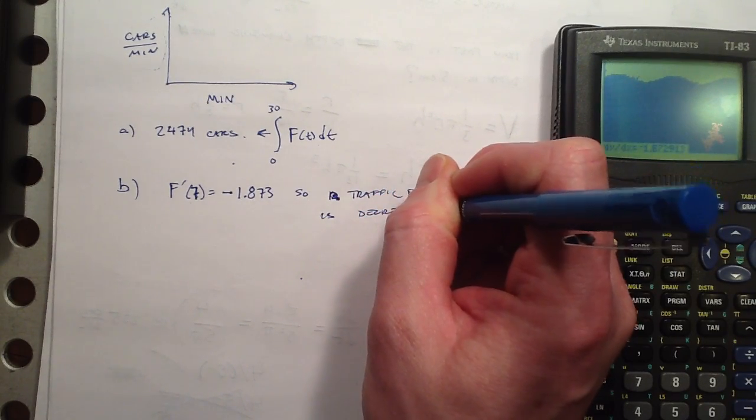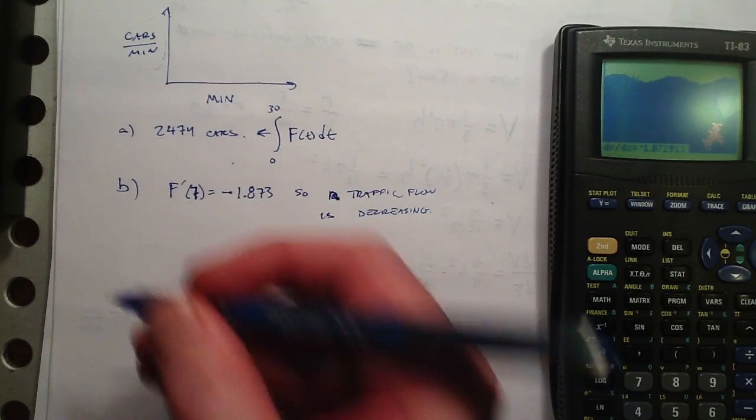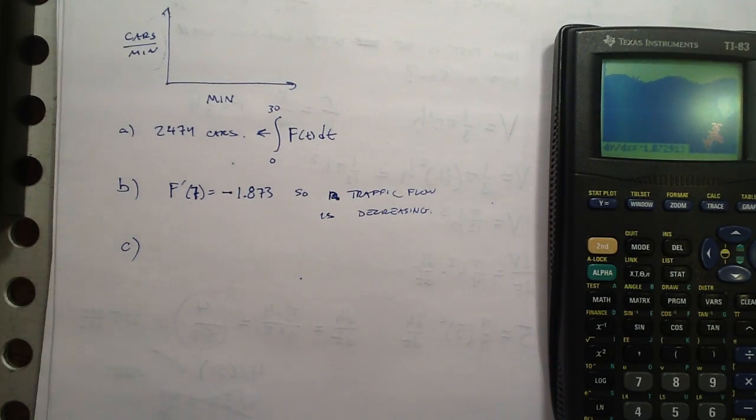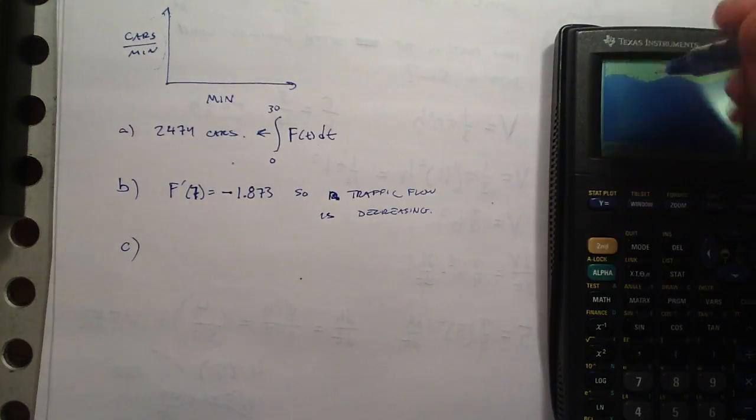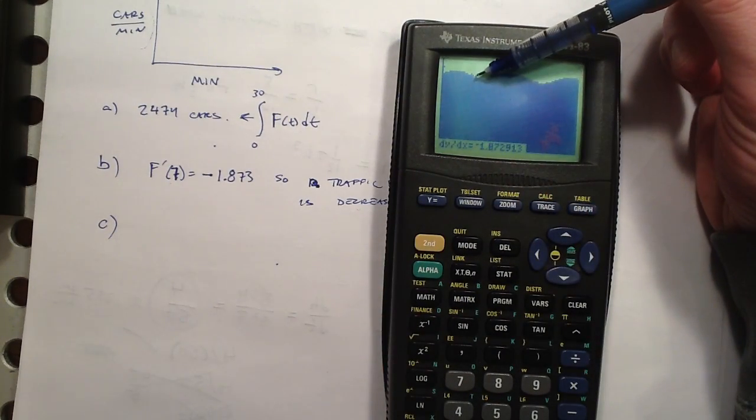Again, we're looking for cues here for what we should be doing. If you want to know things about increasing or decreasing, well, that's information that we get by looking at derivatives. The derivative was negative, that means it's decreasing. That's probably somewhere in here. Oh yeah, you can see the little x there. It's right about here.